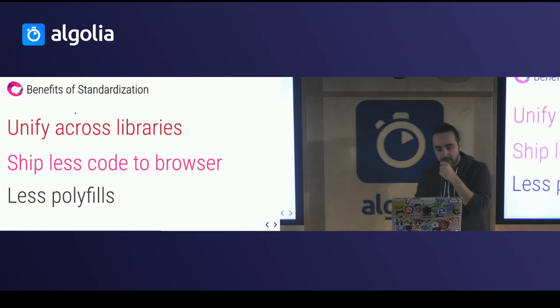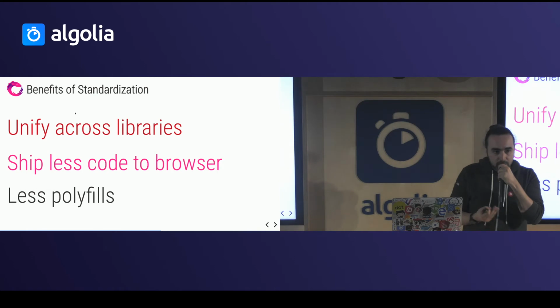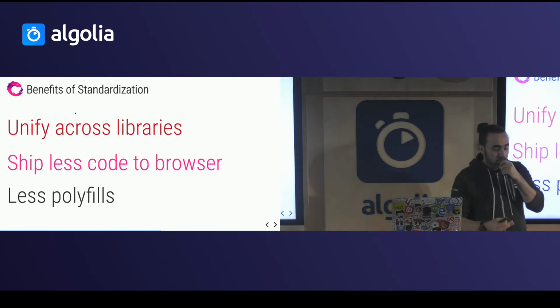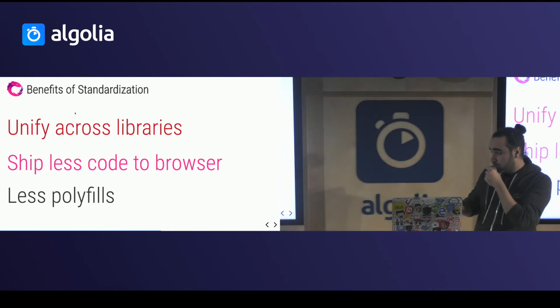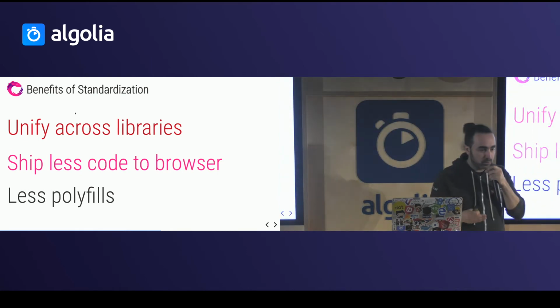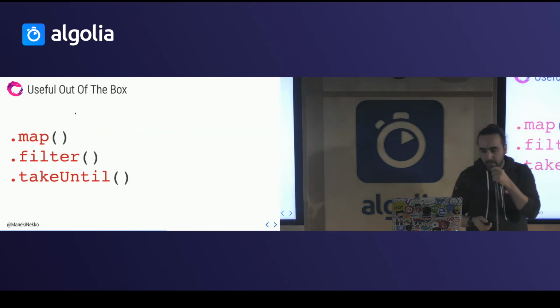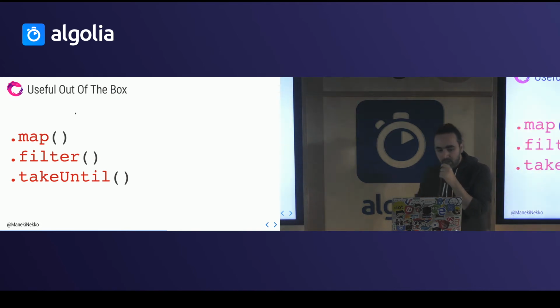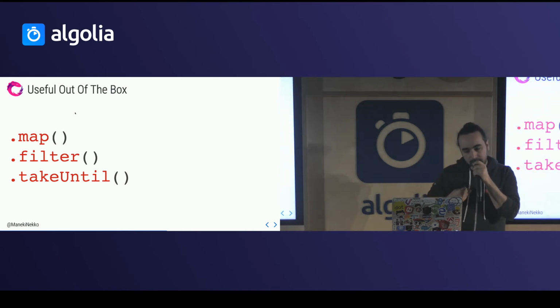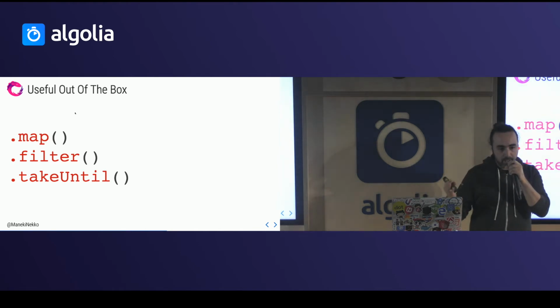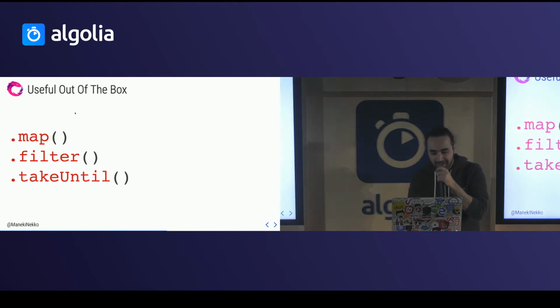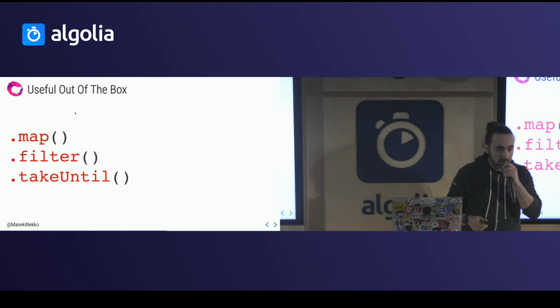We want to be able to use observables without any libraries, without any polyfills, so we can ship less code to the browser. For instance, out of the box, we would just have map, filter, reduce, zip, flatMap, smooshMap, if you want, without any polyfill, without any library.